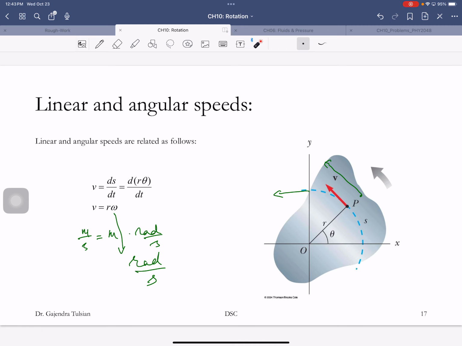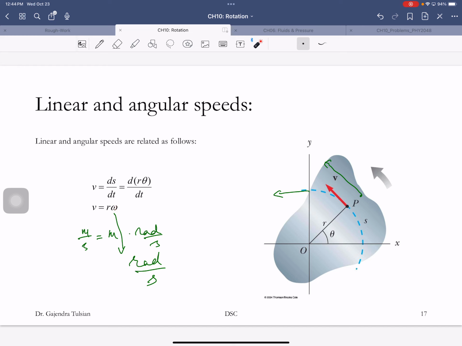So r is the distance from the axis of rotation, and omega is the angular velocity. Now, whenever you see a formula that relates linear quantities to angular quantities, this has to be in radians per second. The units for the angles have to be in radians.